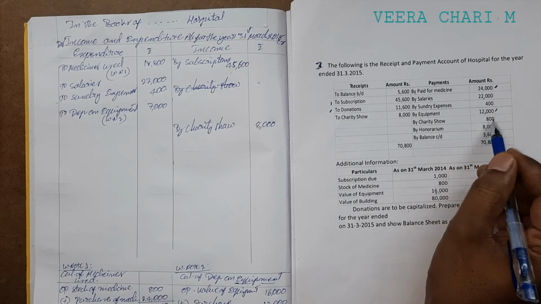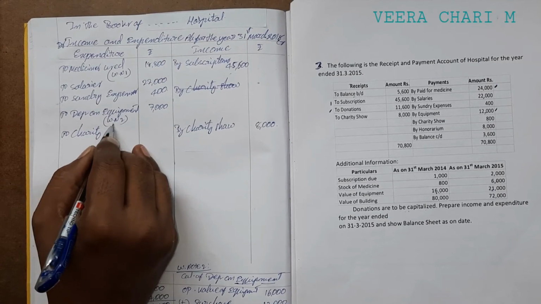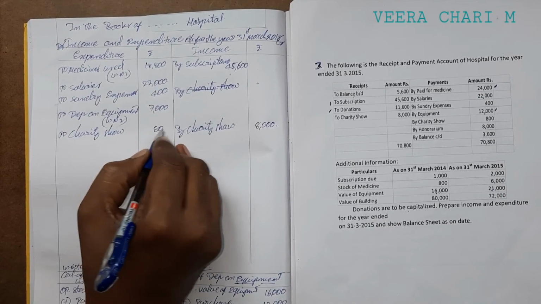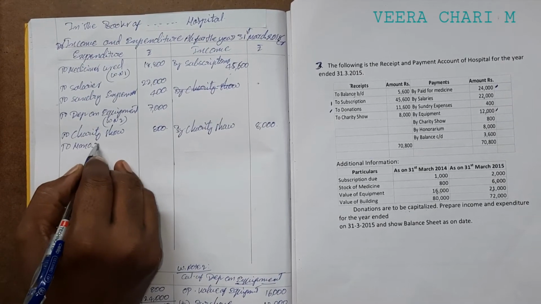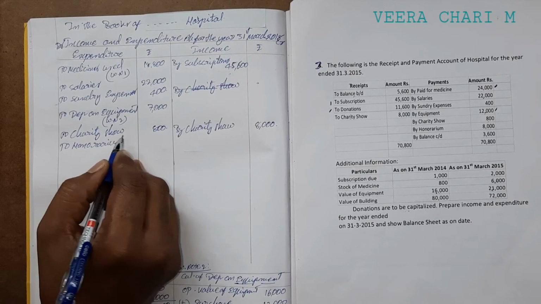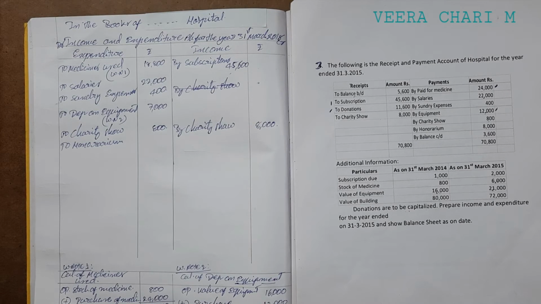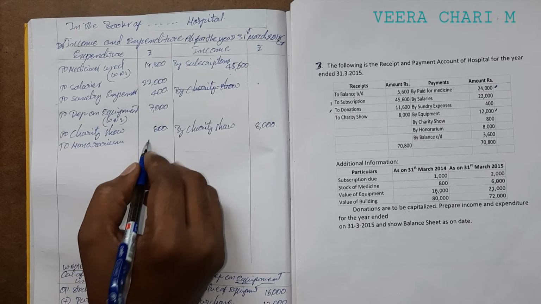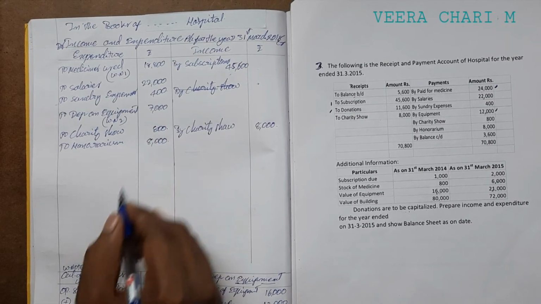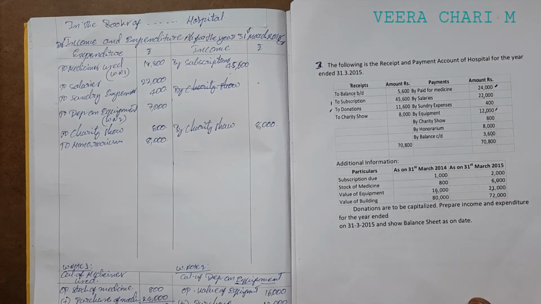It is a payment, not an expenditure, to charity show, 800. Honorarium, which we already discussed, is a nominal payment made to volunteers. That is the honorarium, 8,000 rupees, and the balance carried over, that is 3,600, is the closing balance of the cash.